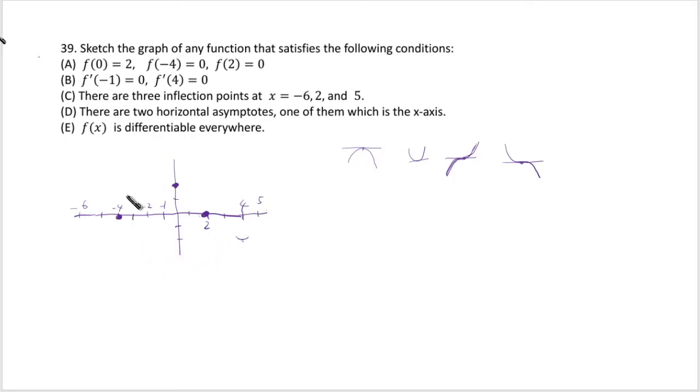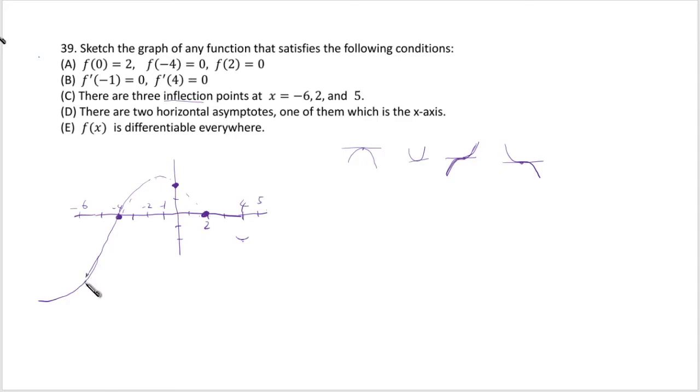Okay, let's be a little careful here. We decided that this is probably the right curve, and this would be concave down, right? That's concave down, and inflection point means that the concavity changes. So you have this concave down, but then at some point at 6, the concavity changes.